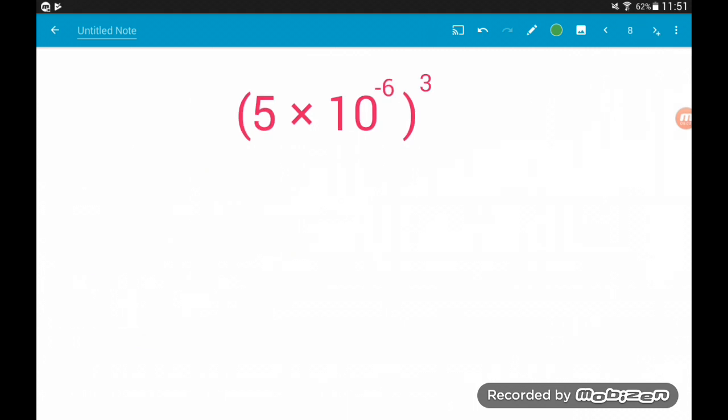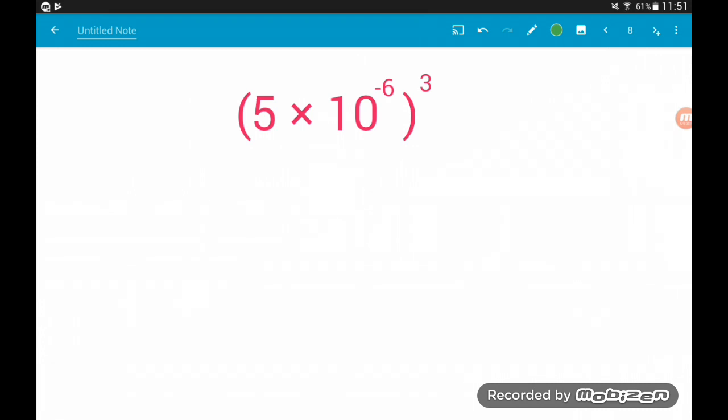Okay, so this time we've got 5 times 10 to the power of minus 6, all to the power of 3. So, we could write this out as 3 brackets, but that's going to get a little bit messy. So we could write it out as 5 times 10 to the minus 6 times 5 times 10 to the minus 6 times 5 times 10 to the minus 6. As I said though, that's going to be long and messy. So we're going to think of this one using the second method we used in the last example.